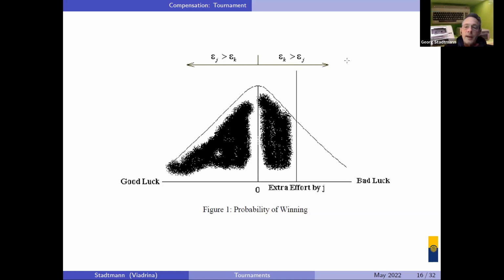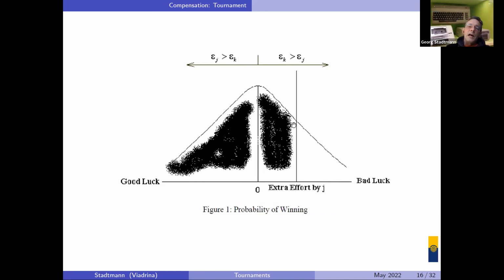We assume that this good luck, bad luck is normally distributed, as you can see by the shape of this probability function.